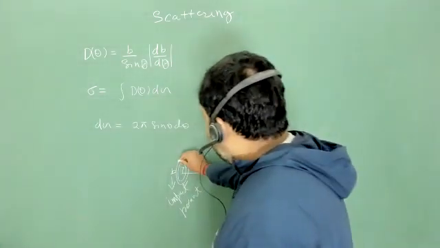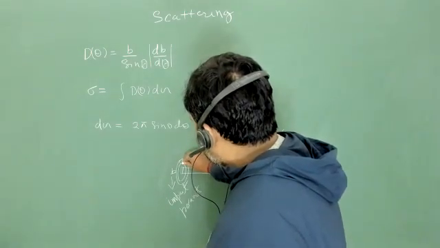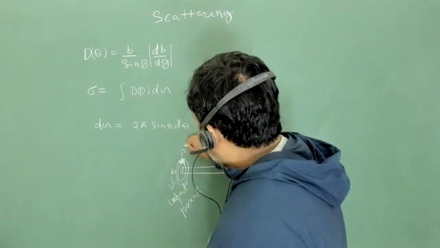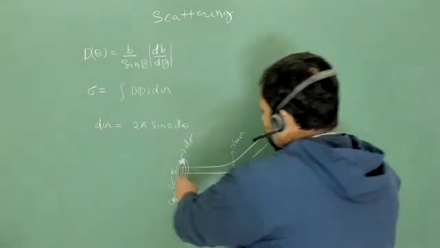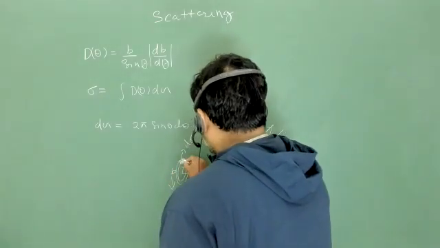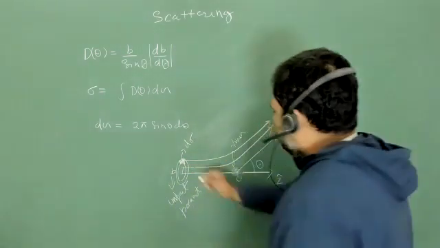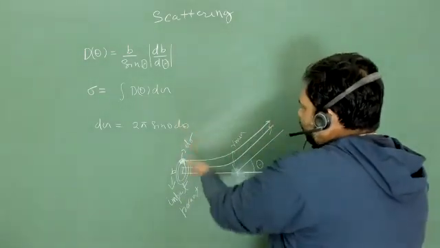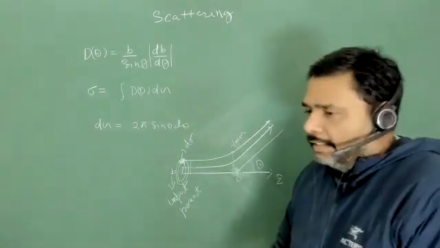Suppose this area is d sigma, and your particle is coming from this area and going like this. You can have this b, you can have another b, you can have different types of b, an upper b, and then you have different kinds of situations.